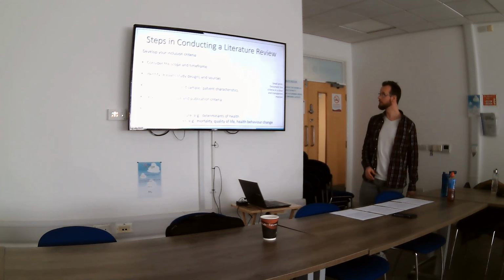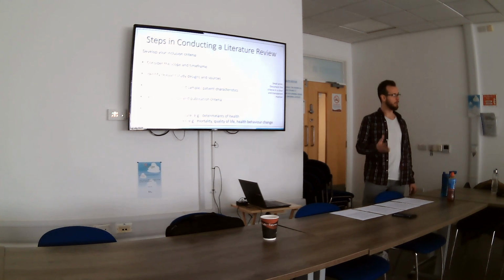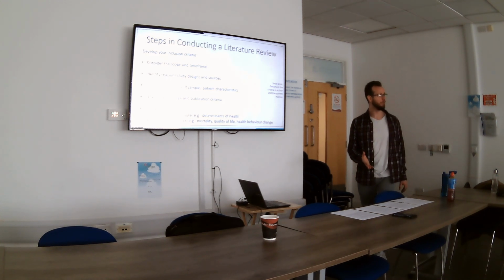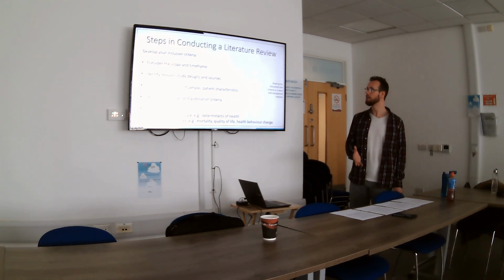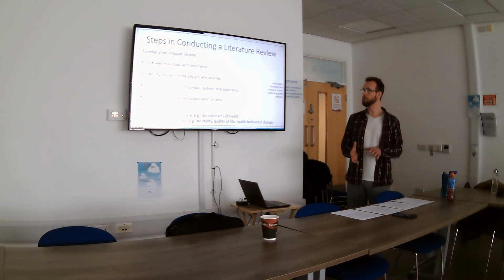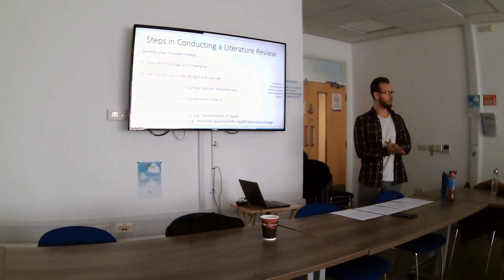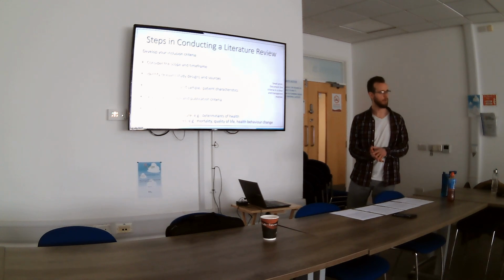And small print documents the criteria in a clear and transparent manner, again, so you can trace it back. Why did you set up your criteria, and on what will you base the selection of your studies later on for your review?